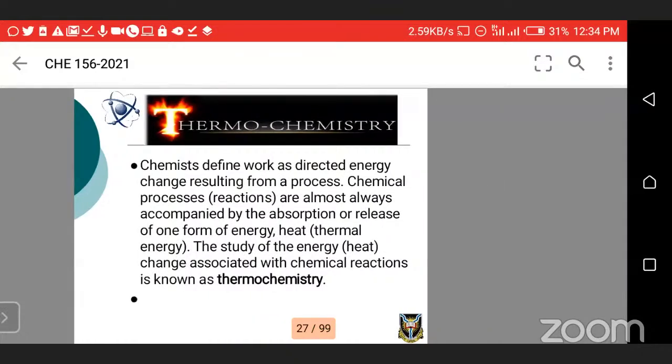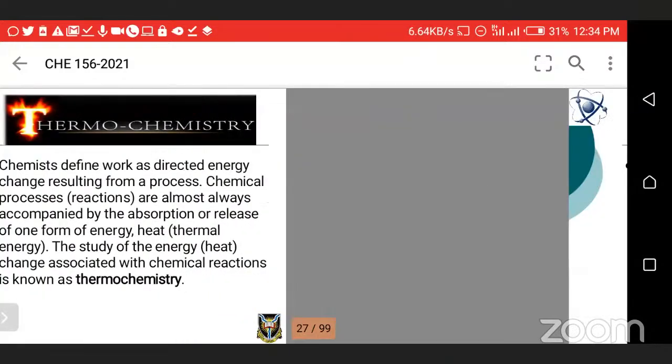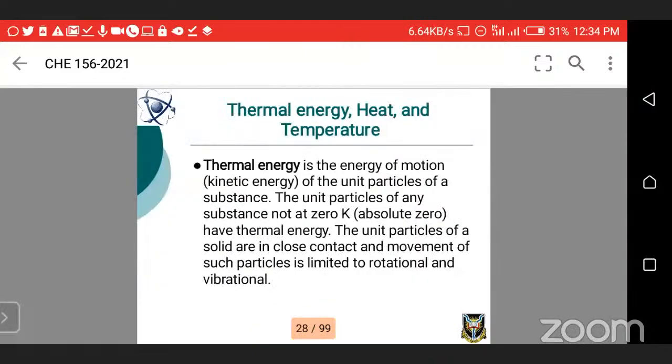Now we want to look at thermal energy, heat, and temperature. Thermal energy is the energy of motion, the kinetic energy of the unit particles of a substance.